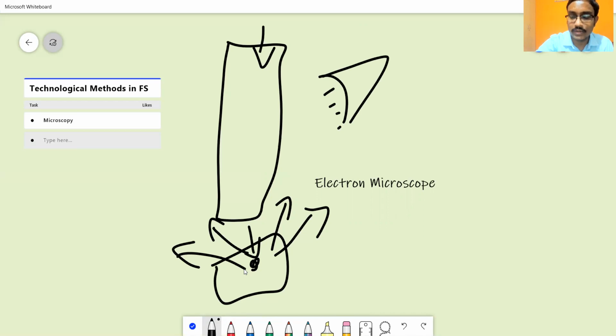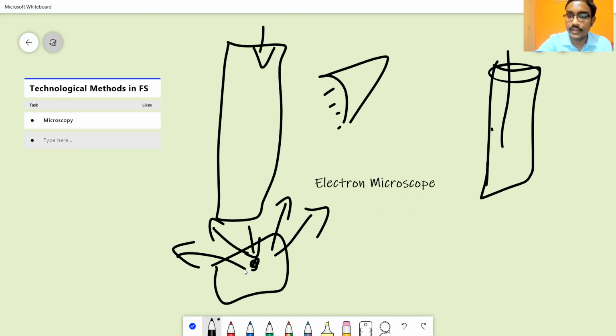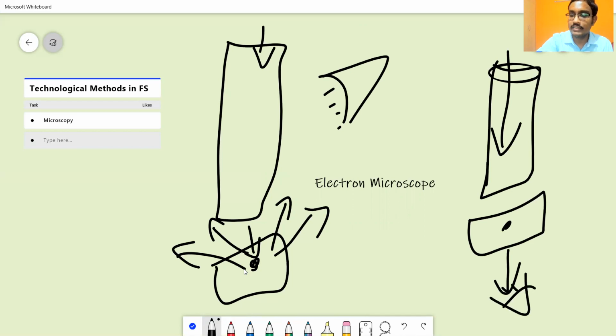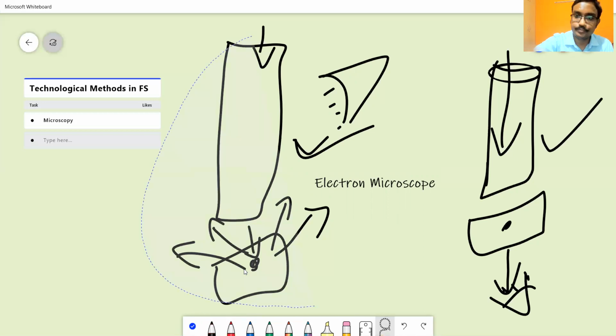Another type of electron microscope can be a similar setup, a beam of electrons hitting a sample, and what passes through helps us to understand what is happening. This is a scanning electron microscope, the first one, and this one is a transmission electron microscope, based on how they work.